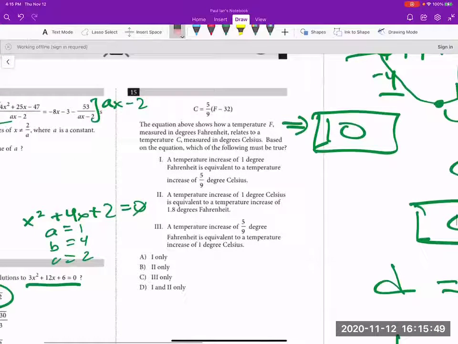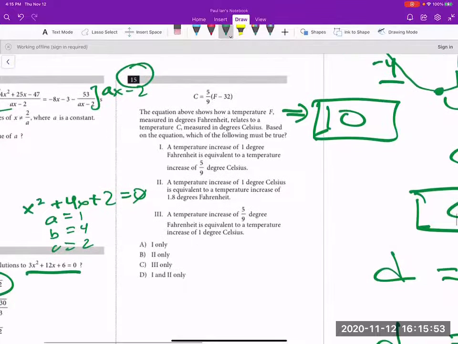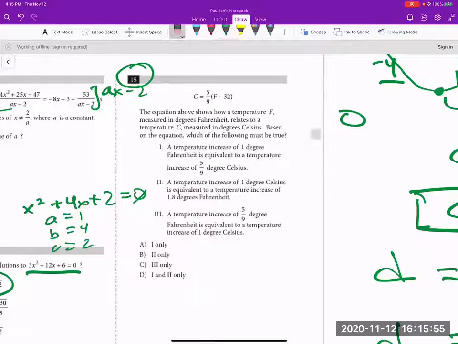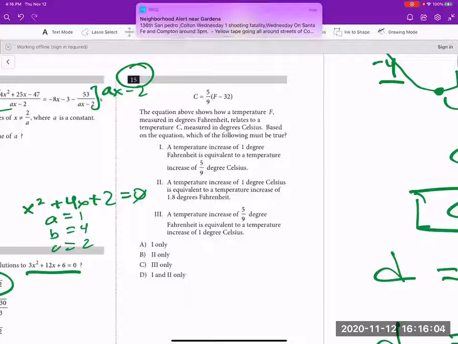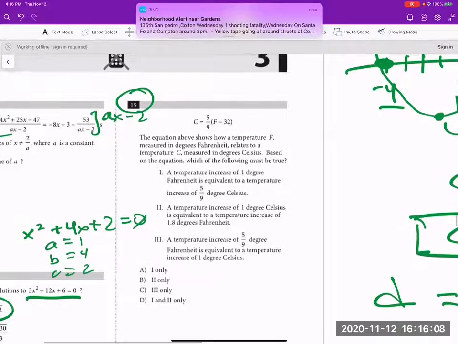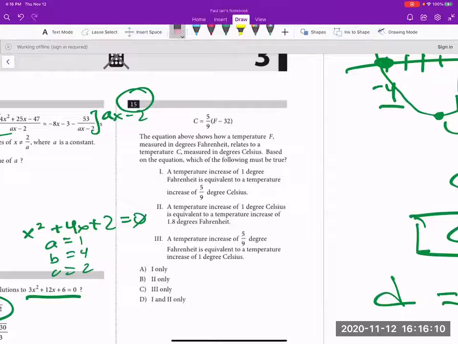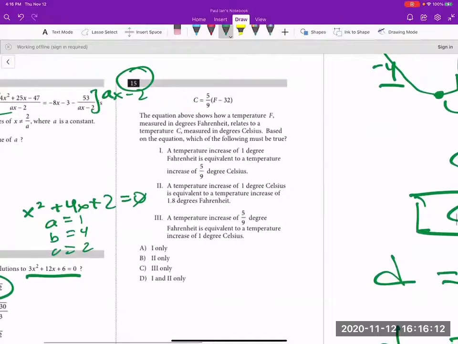All right, let's look at number 15. This one is like another one of those where you have to prove if it's true or not. So let's take a look at it. This is the conversion equation from Fahrenheit to Celsius. You've probably seen this before. Let's see what statement 1 is. A temperature increase of 1 degree Fahrenheit.